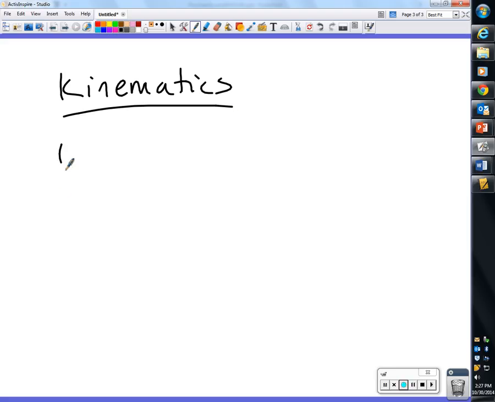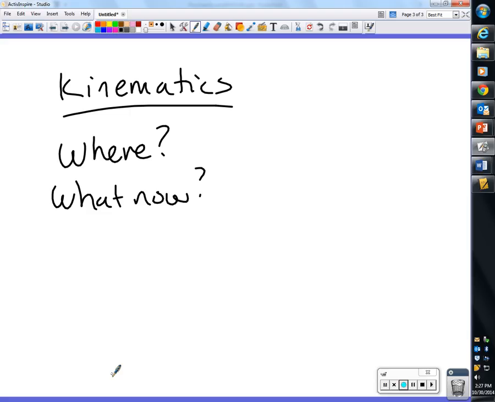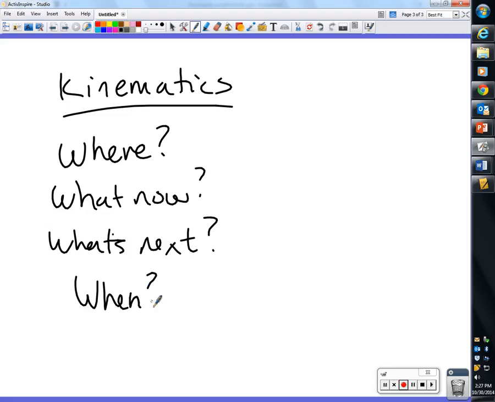The 4 questions were: where, what's happening right now, what's going to happen next, and then the last part, when. If we answer these 4 questions, we are describing motion. And that's what kinematics is about, describing motion.